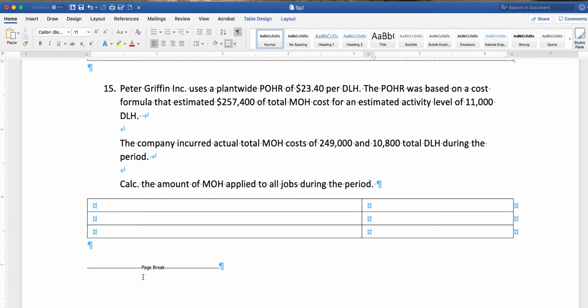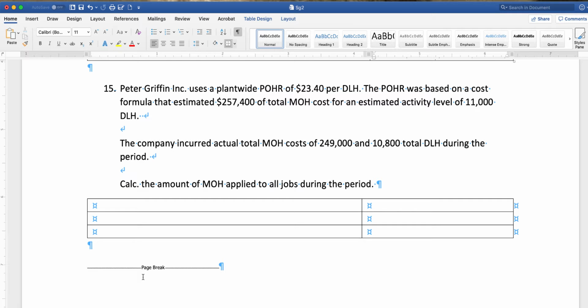The formula is the total estimated MOH divided by the estimated activity level. So basically they took $257,400 and divided it by 11,000 direct labor hours. They got $23.40.